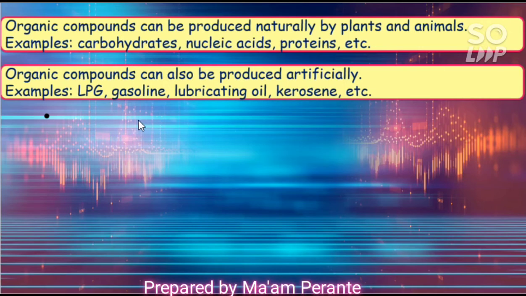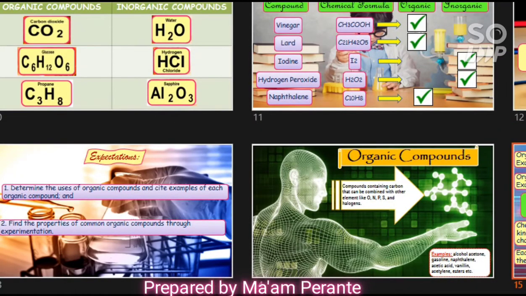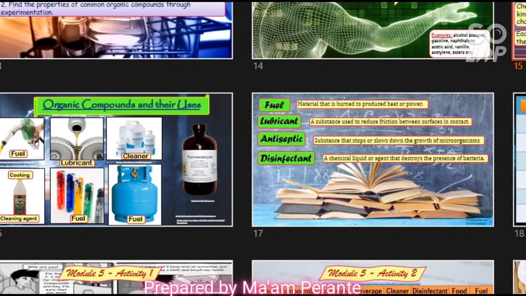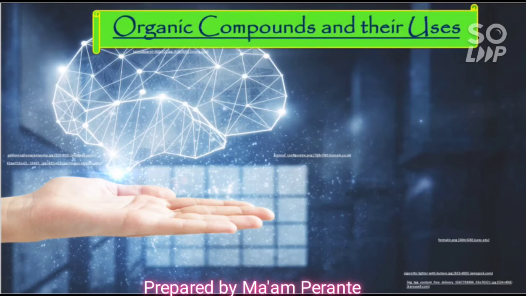So what are these organic compounds that I am talking about? Let's take a look at the different examples of organic compounds that we can use in our everyday living. Organic compounds are very useful compounds that people can use daily. They play a significant part in how people survive in this world and continue living. They can give comfort, convenience, and safety.